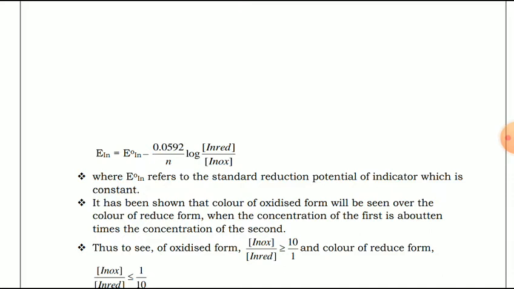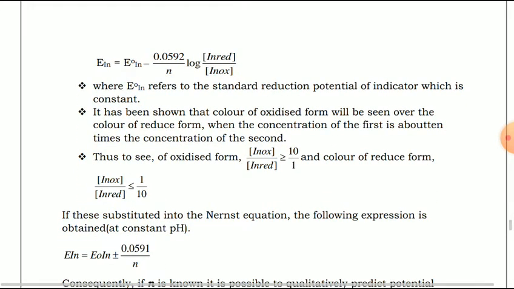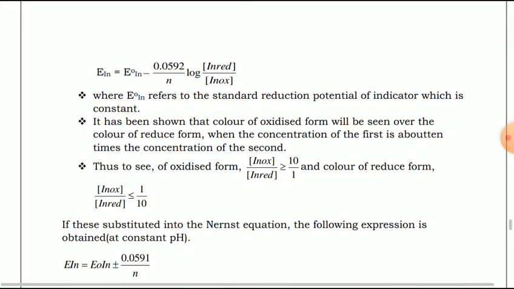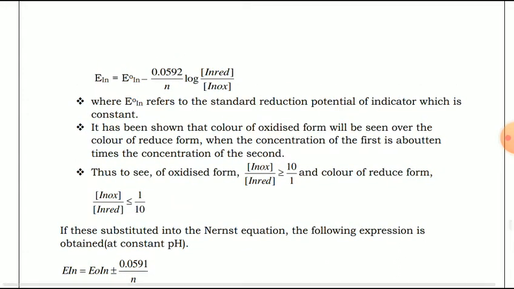Here E°_In refers to the standard reduction potential of the indicator, which is a constant term.